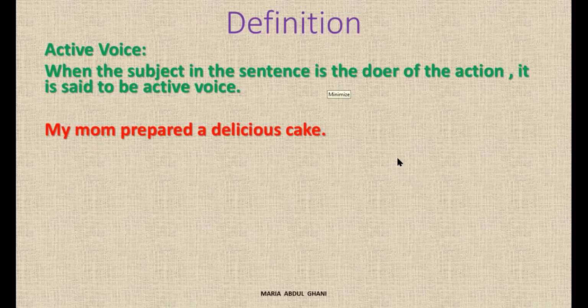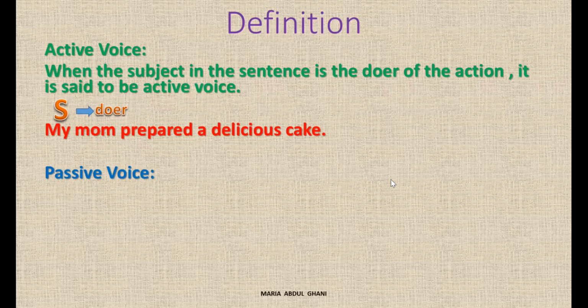Is my mom the doer, Salam? Yes. Okay, so here the subject in this sentence is the doer as well. Subject is the doer. So it's said to be active or passive voice when the subject is the doer. What do we call this? It's active. Active voice. Fine.